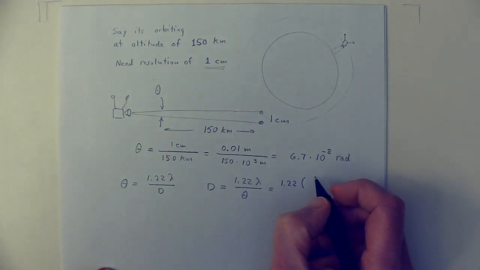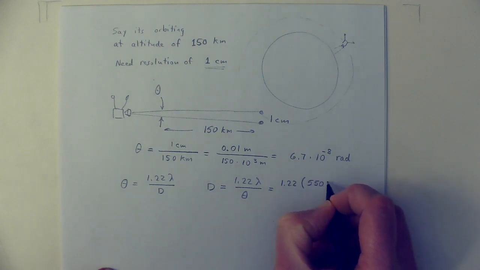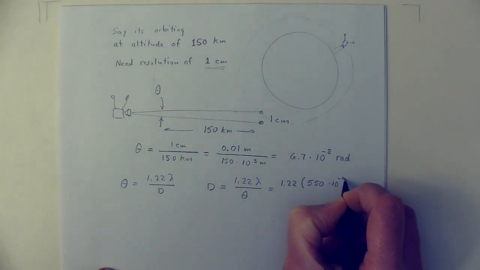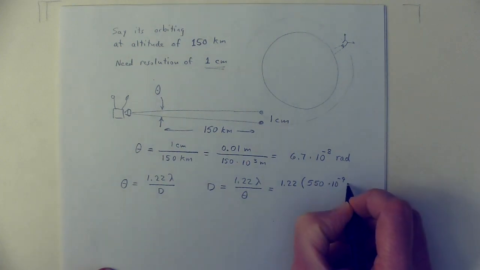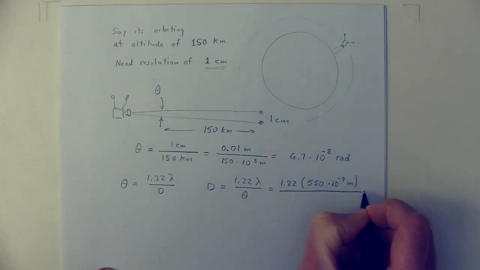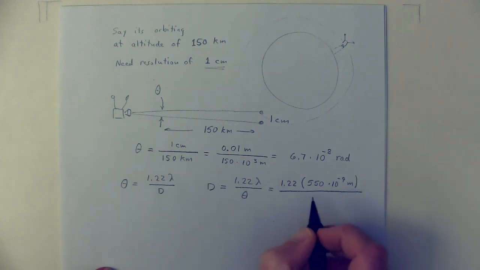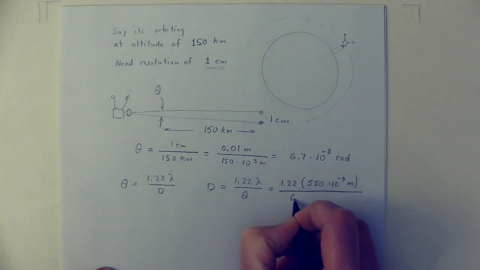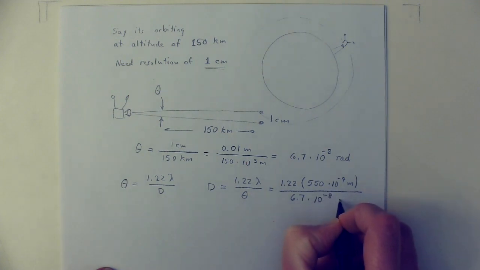And maybe we're going to do visible light. Okay, then let's do it with 550 times 10 to the minus 9. You could pick a different number, but this is the middle of the visible spectrum, so that's what I'll use. 550 nanometers, 10 to the minus 9 meters. And then we divide by our angle up here of 6.7 times 10 to the minus 8 radians.